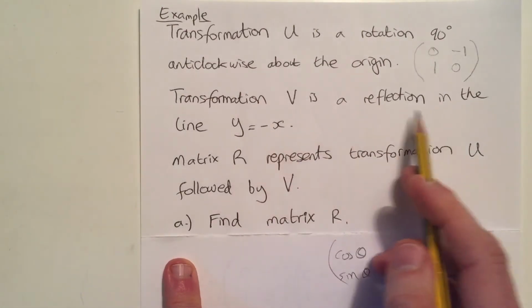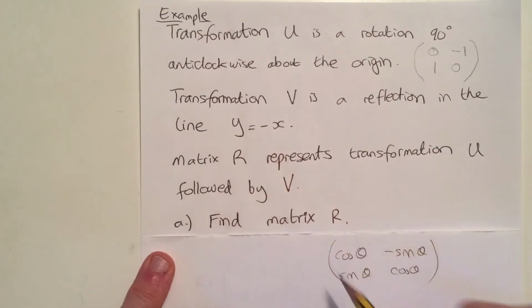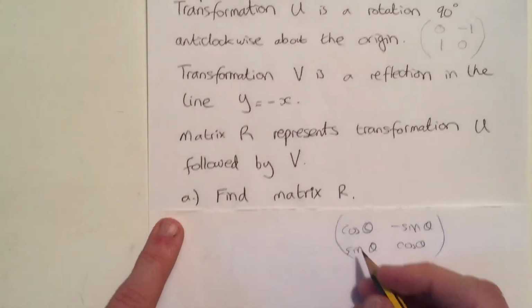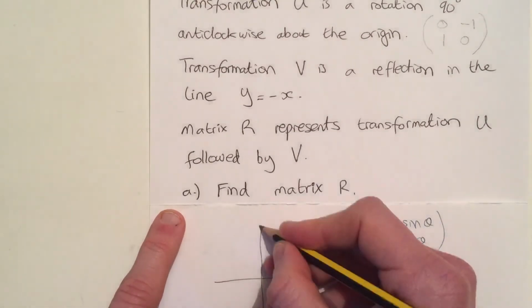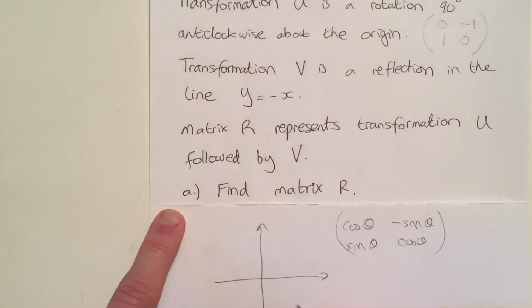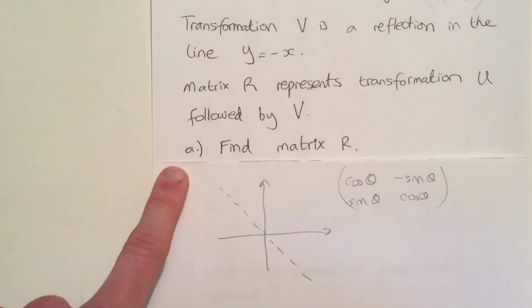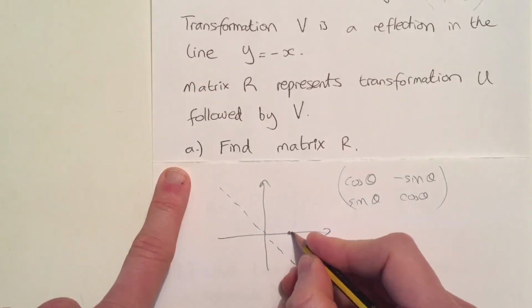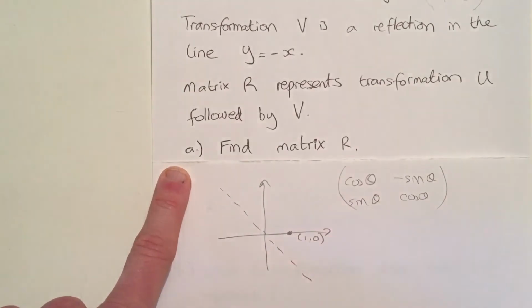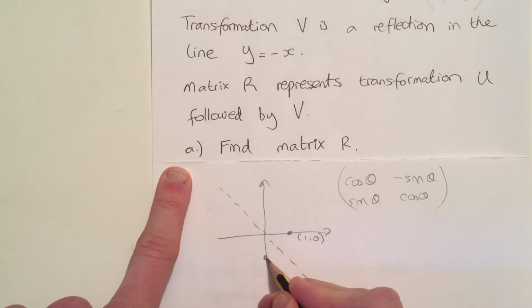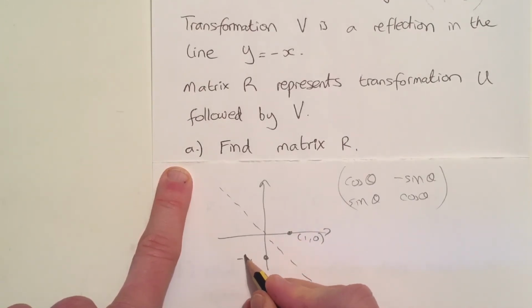Transformation V is a reflection in the line y equals minus x. I'm not sure what that is off the top of my head, so let's figure that out. The line y equals minus x looks like this. If I were to reflect the coordinate 1, 0 in that line, it would reflect down here to be 0, minus 1.